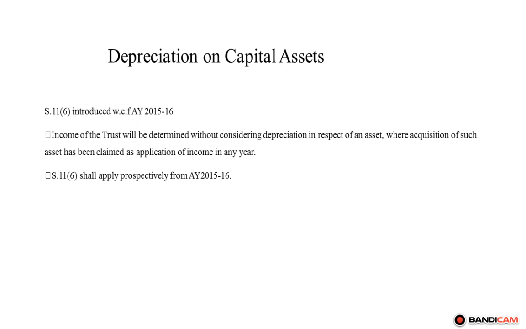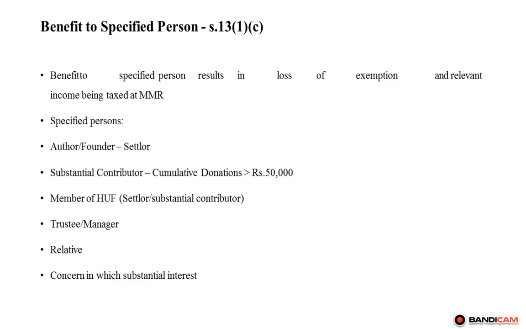Got it. Then benefit to specified person, under section 13 subsection 1 sub c. Benefit to specified person results in loss of exemption and relevant income being taxed at MMR.